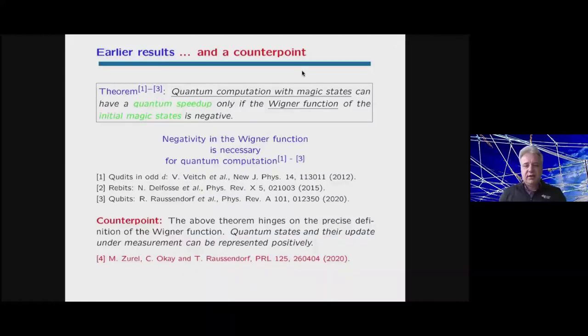If you generalize this slightly, and really the only generalization you need is to go away from uniqueness, then the need for negativity entirely disappears from the operations and from the states. This is the thing that I want to talk about, the counterpoint.